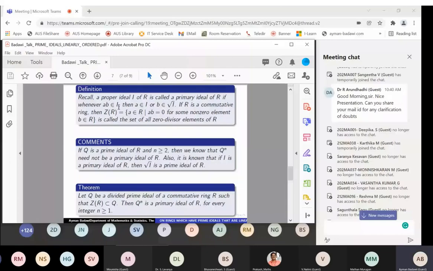And also we recall what we mean by the zero divisor elements of a ring.